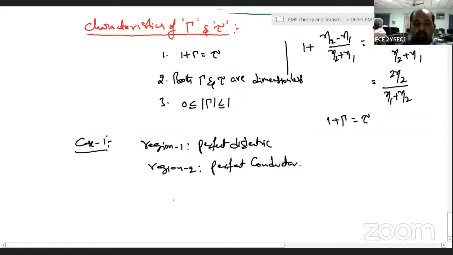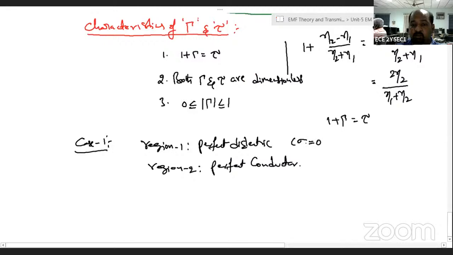So perfect dielectric in the sense, you can take lossless dielectric media, right? So for lossless dielectric media, what we can write, what are the characteristics? Perfect dielectric. What are the characteristics you have?